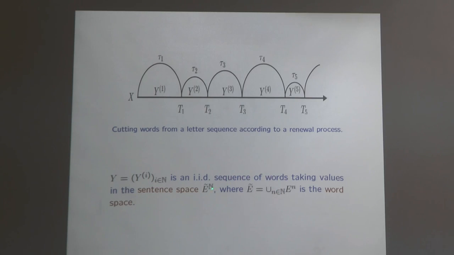And then I can continue doing that, and this E twiddle space to the power of the integers will be my infinite sentence space, and this process takes values in this space of infinite sentences. Okay, so the setup is very simple, very basic, and I'm going to be interested in the large deviations of this sequence of words.